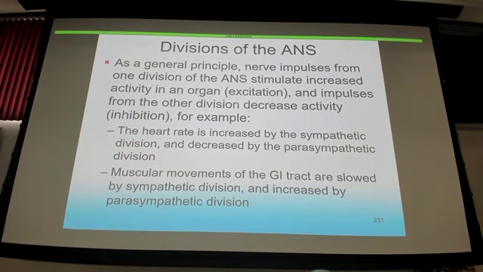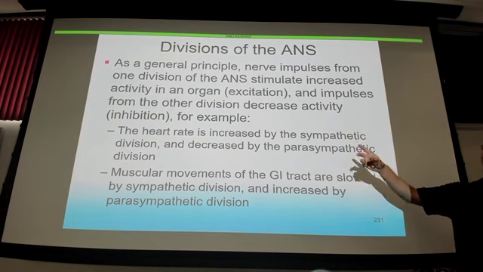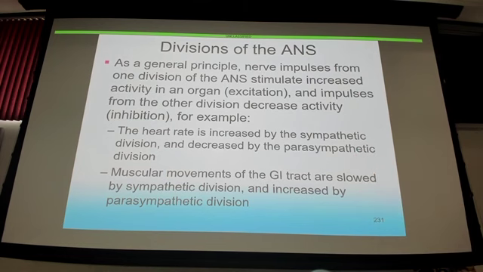When you look at heart rate, sympathetic division puts it on the gas. Parasympathetic decreases that. But you look at the muscular movements of the GI tract, they're slowed by sympathetic input and increased by parasympathetic. Right? So your sympathetic system activates because that saber-toothed tiger's there. It throws your heart rate through the roof.